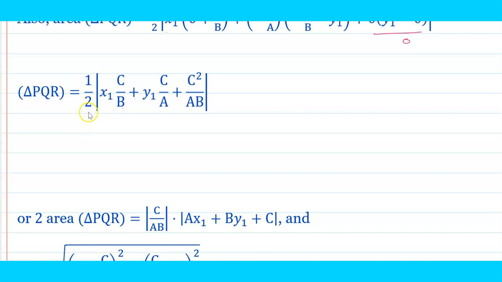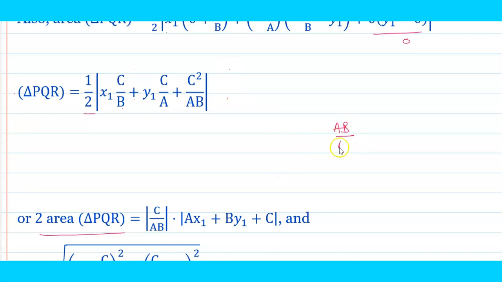Again, the evaluation: the 1/2 is transferred to the left-hand side, so we get 2 times the area of triangle PQR. Next, take c as common and multiply the numerator and the denominator of this whole expression by ab upon ab.